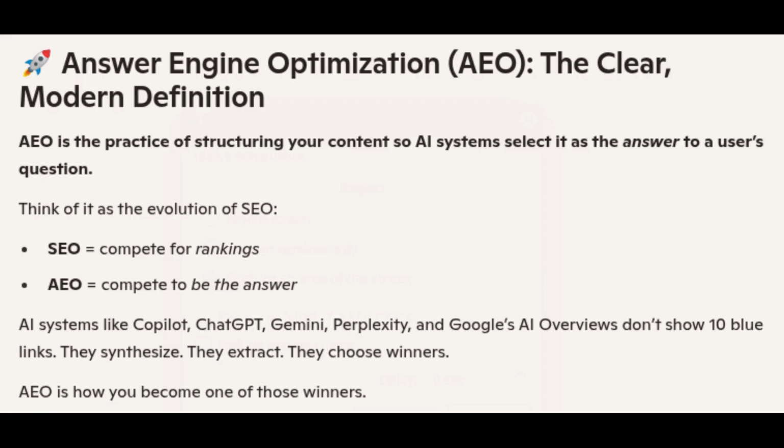AI systems like Copilot, ChatGPT, Gemini, Perplexity, and Google's AI overviews don't show 10 blue links. They synthesize, they extract, they choose winners. And by winners, we mean an answer directly to the question that you may be asking.